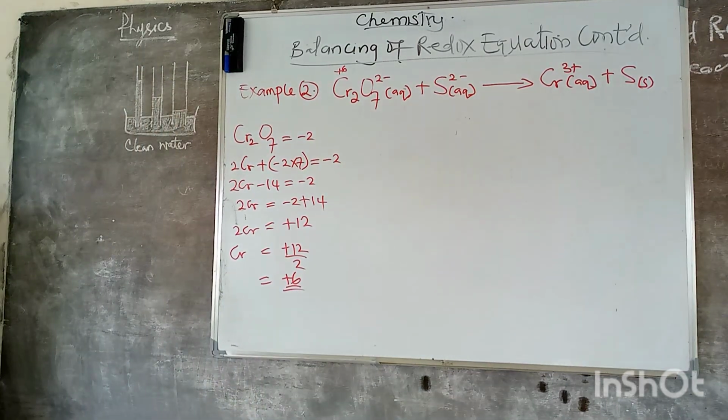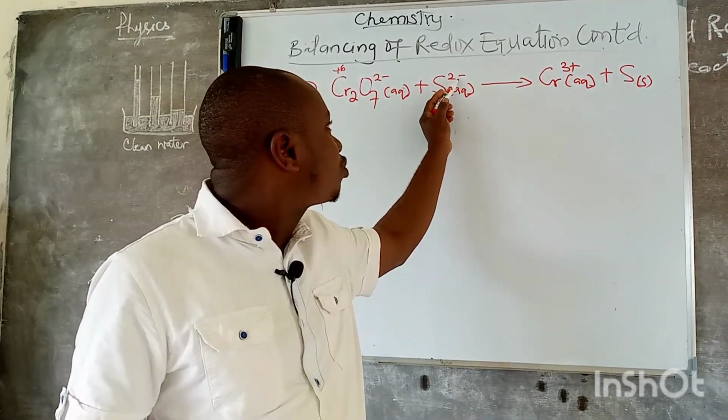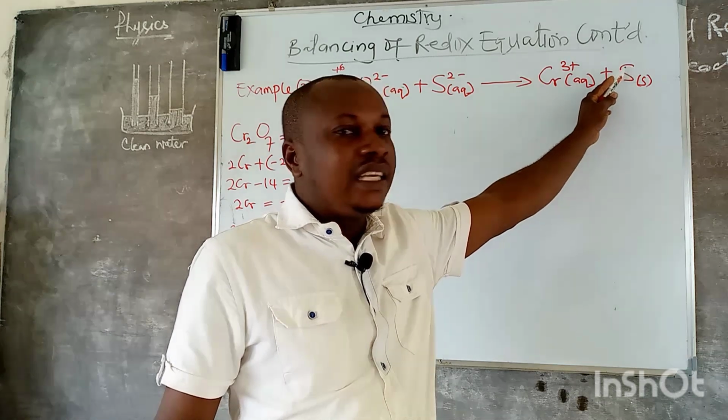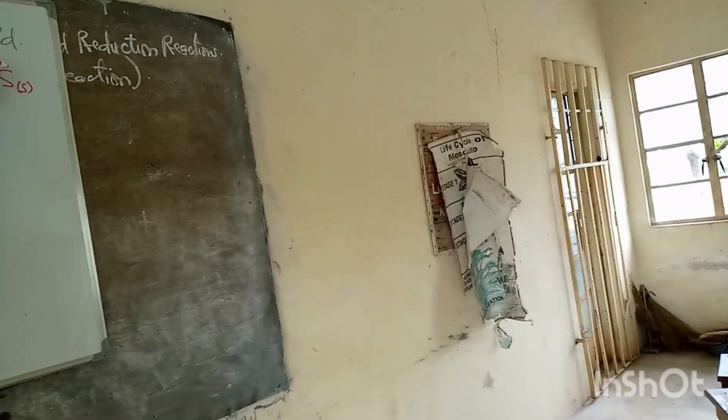So now check that of sulfur. The oxidation number of sulfur is clearly stated there: -2. To what? 0. When it is standing in an uncombined state, it is 0. So sulfur changes from -2 to what? 0.